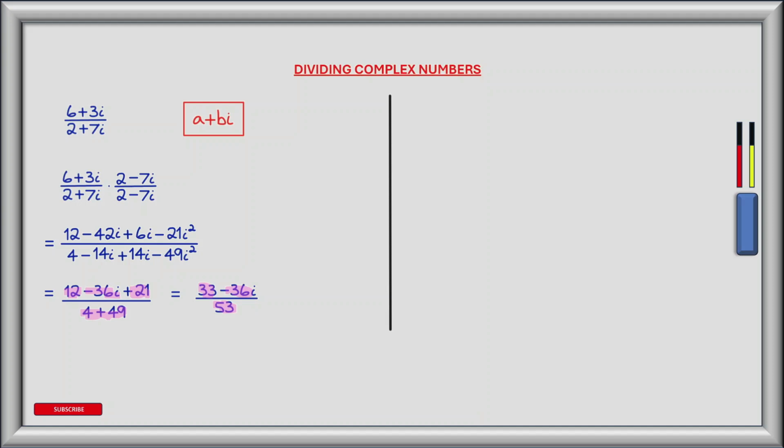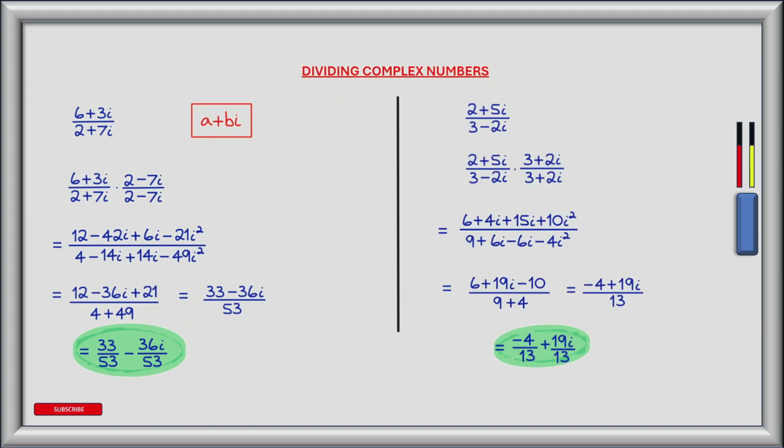So we've now achieved our goal of making the denominator a real number. So our new complex number in the form a plus bi is 33 divided by 53 minus 36i divided by 53.